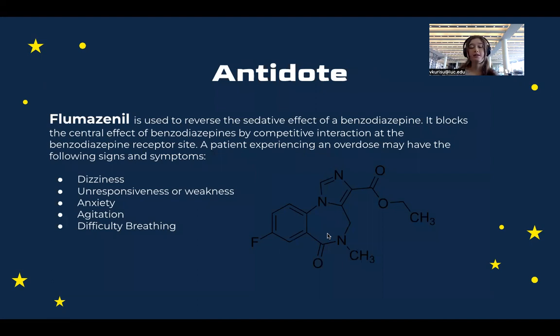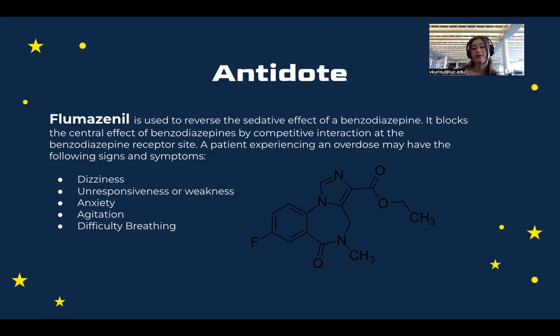Then in the situation where there is an overdose on a benzodiazepine, which is the most common sedative hypnotic, there is an antidote available, which would be used to treat that in the hospital. The antidote is called flumazenil, and it's used to reverse the sedative effects of a benzodiazepine.